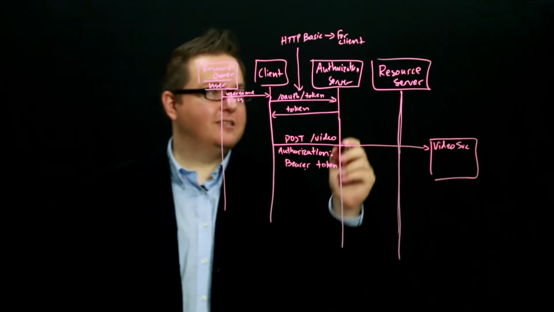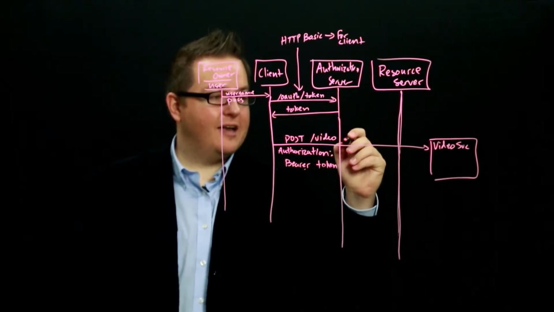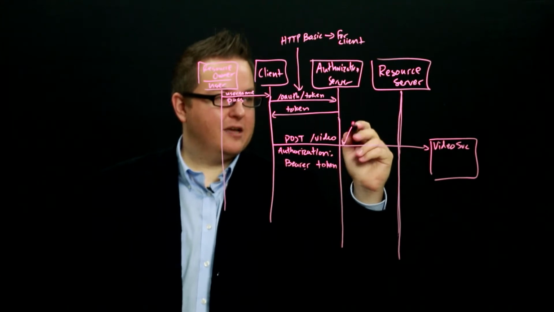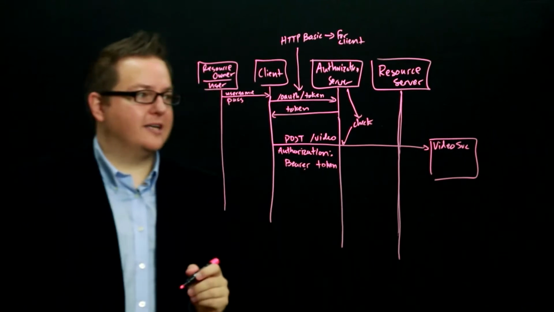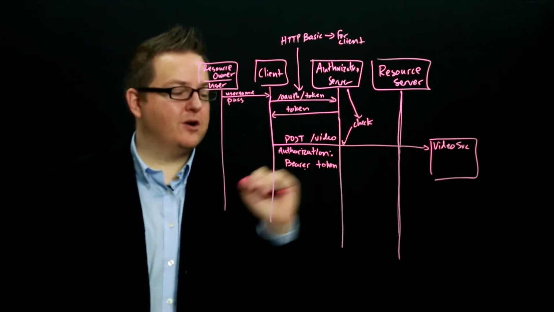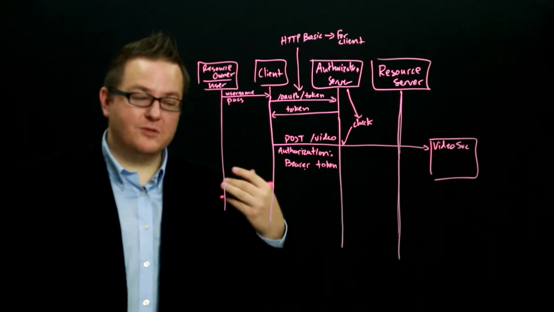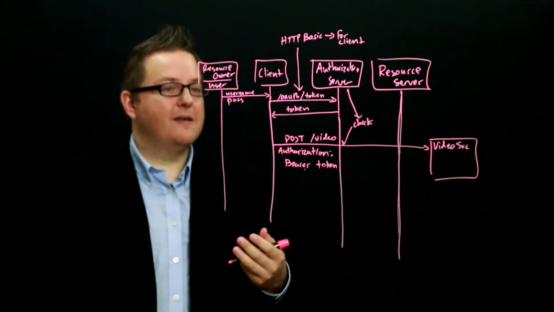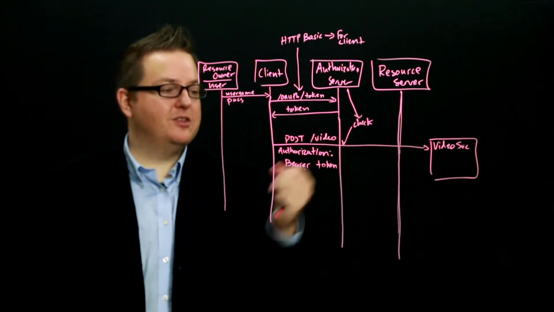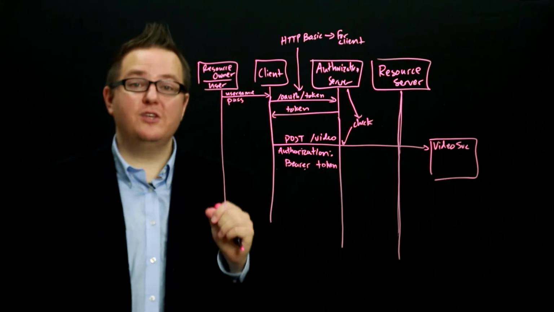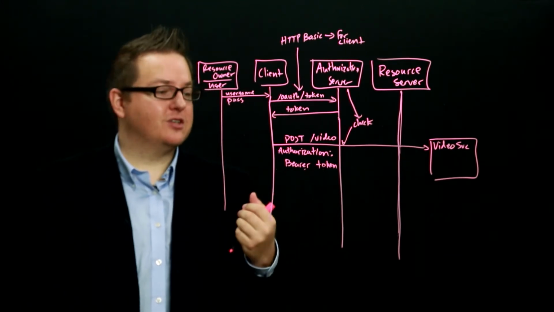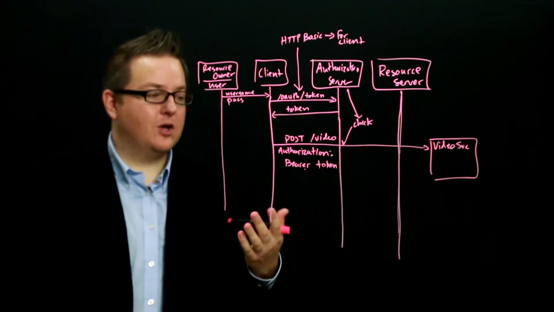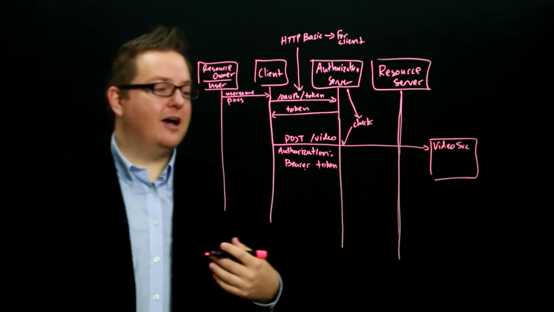And then what happens is the authorization server will check the request coming in. It will look at the bearer token that we provide. It will see if it's a valid token, and then based on the token that's provided, it will figure out what user that token is associated with, what account that token is associated with, and what scope that token has, so what resources should be accessible.